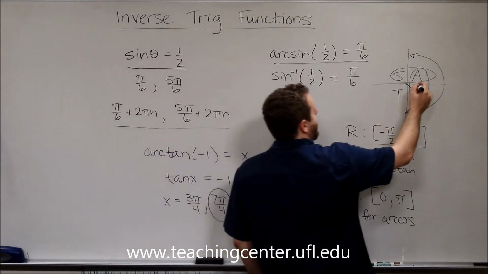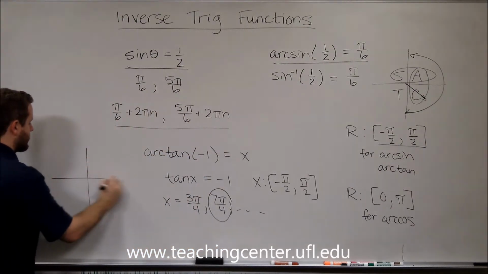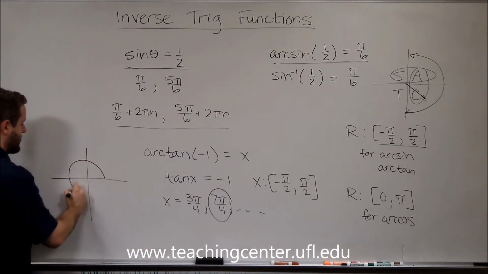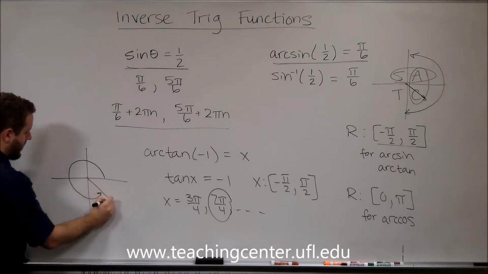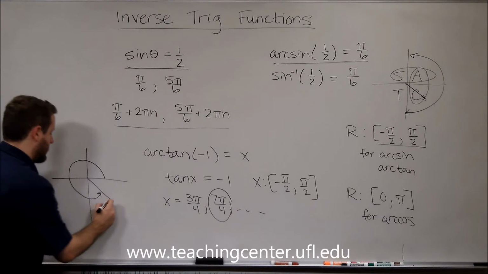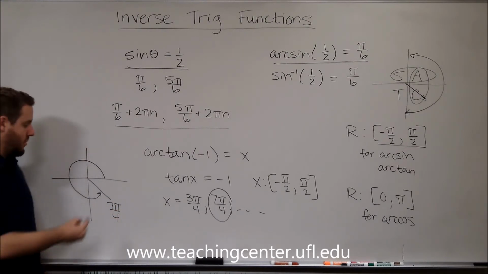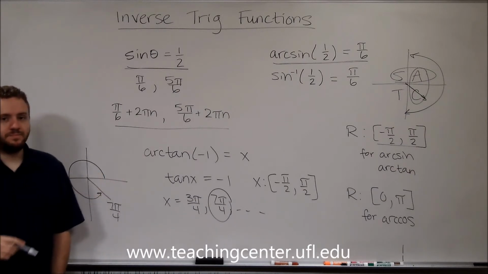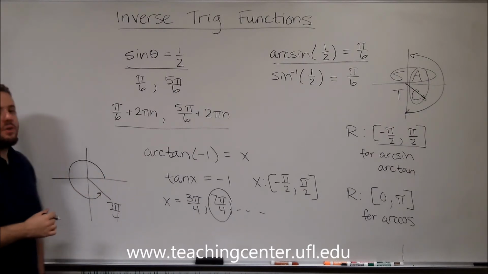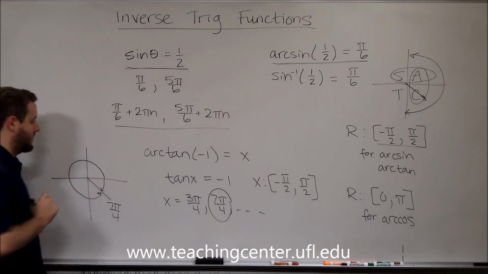So to get to 7 pi over 4, 7 pi over 4 means you went all the way around to there. You can see 8 pi over 4 would mean you went all the way around 2 pi. Well, what's the other way of getting to that same angle? We could have just started here and went down.